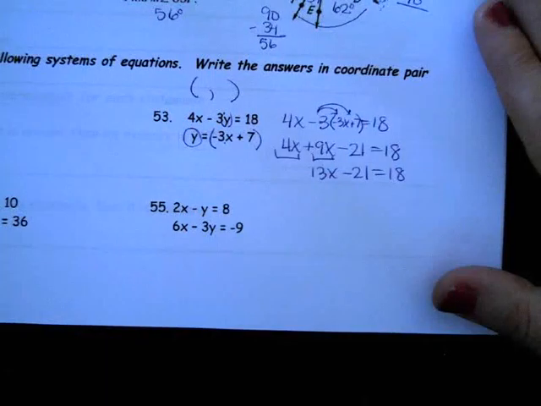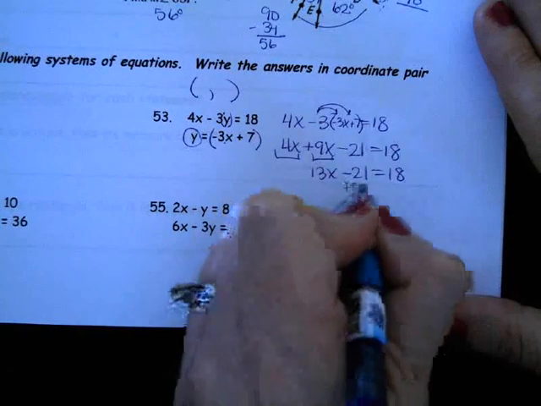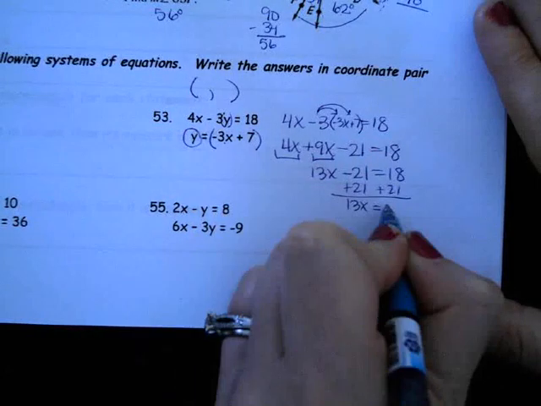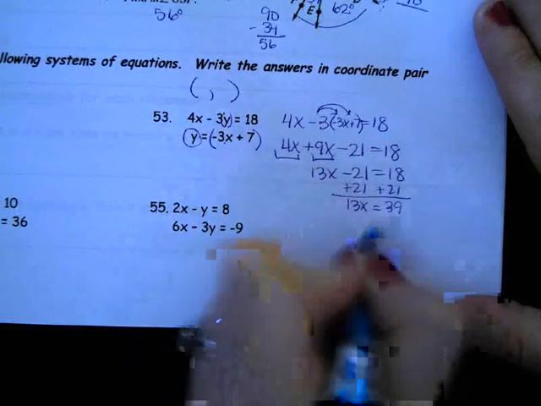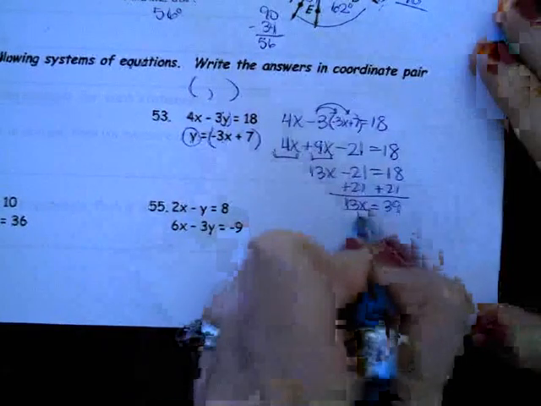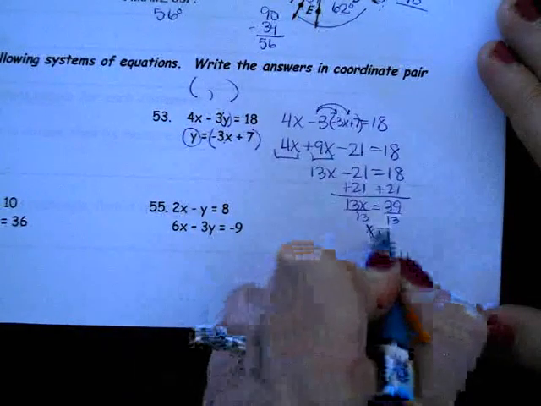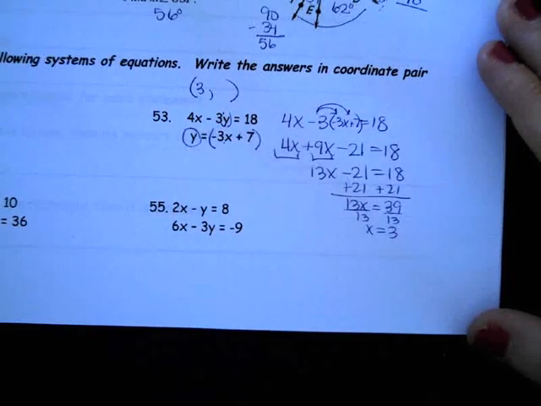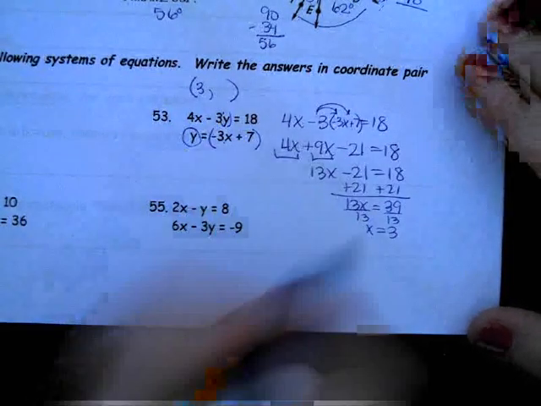I'm going to add 21 to both sides to get x by itself. We get 13x equals 39. And when you divide both sides by 13, you get x equals 3. So right now we have an ordered pair of 3 comma something, but we still need to find out what that y is.